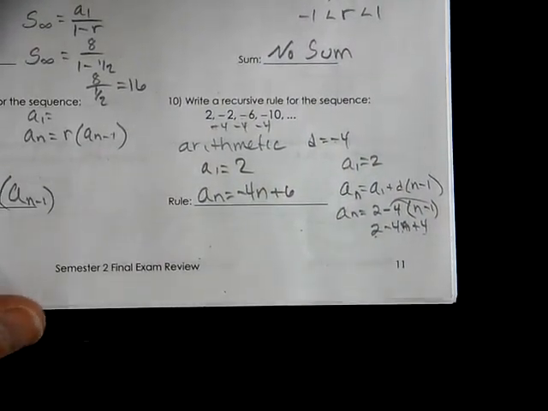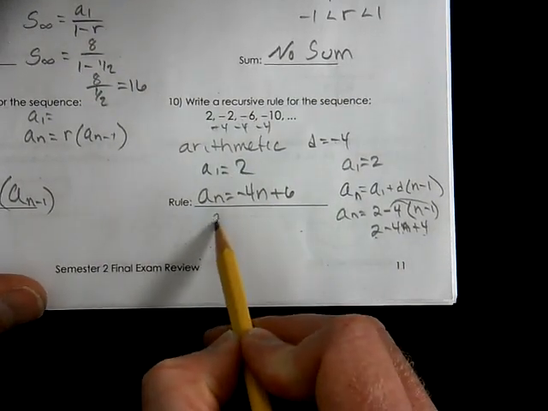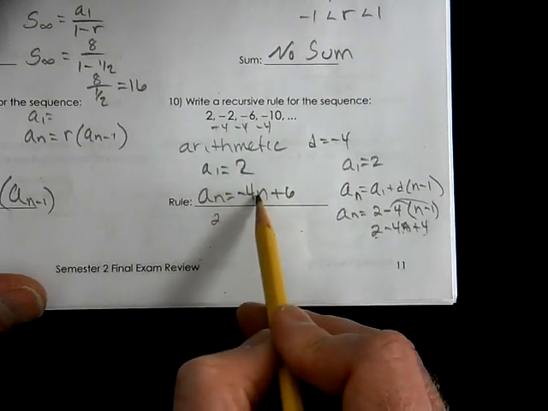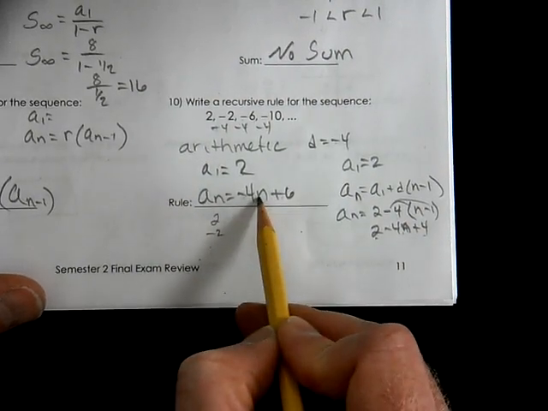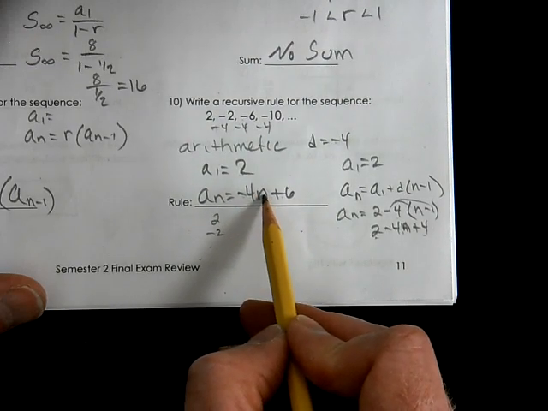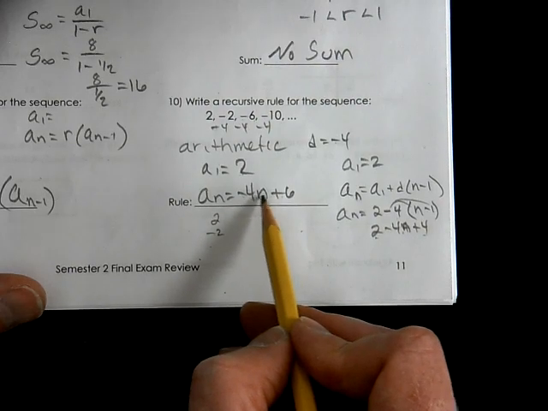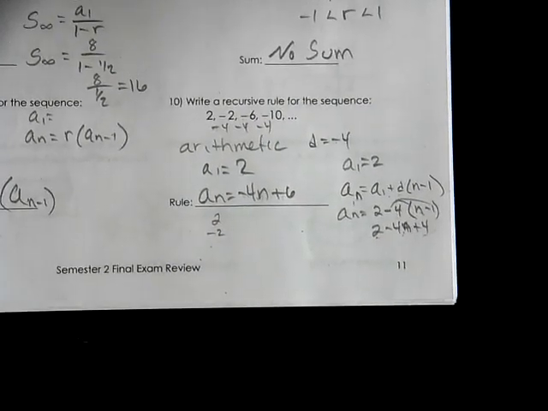So let's test this theory. Let's see if I did this right. We know the first term is 2. Then we plug the 2 in here, and we get negative 8 plus 6, which gives me negative 2. Then we plug the negative 2 in here, and that is 8. Maybe not. All right, I see what's wrong.